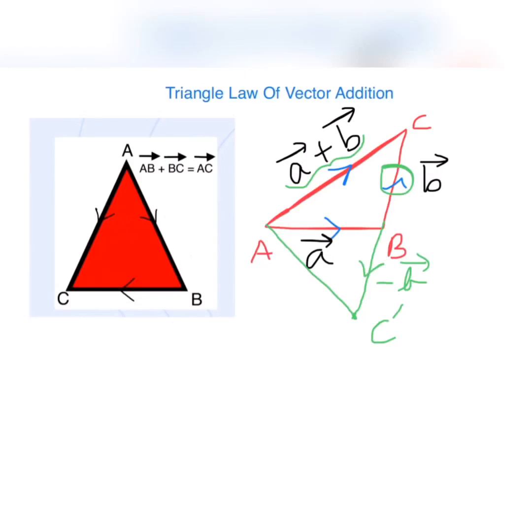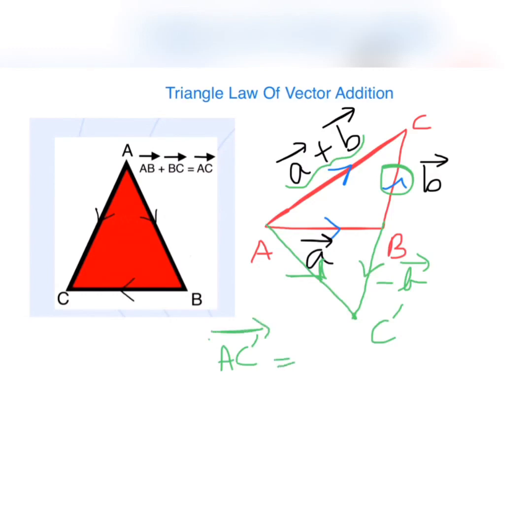Now if we want to find the sum of vector A and negative vector B, vector AB plus vector BC dash provides us the resultant vector AC dash.